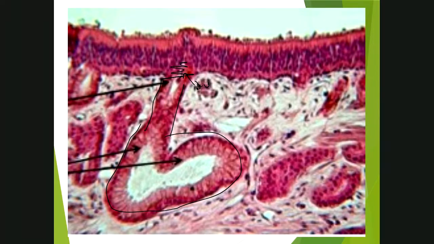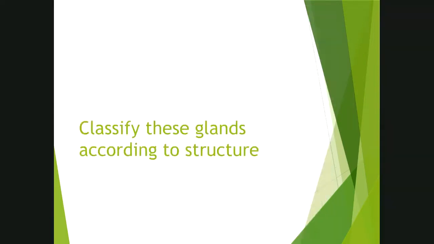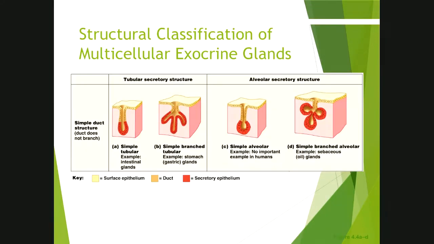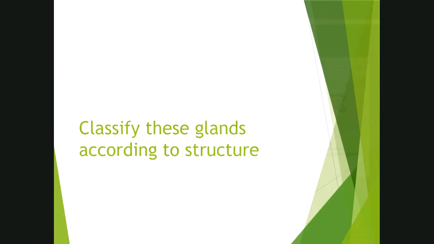So if we go back to these other ones here, these are some drawings, and you can see there's tubular, and tubular can be just a single or it can be more than one. There's acinar, it can be just a single or more than one. And here's tubuloacinar here. Any questions?